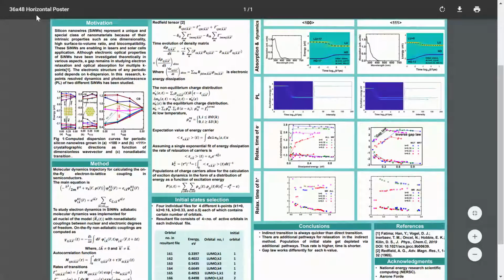For photoluminescence, I think we are considering only direct transitions. Yes, but don't you have direct transitions between K points that are not 0? If you include non-zero momentum, wouldn't you need to look at all of them? For calculating this, I didn't use momentum.